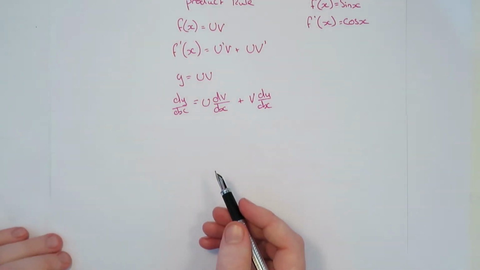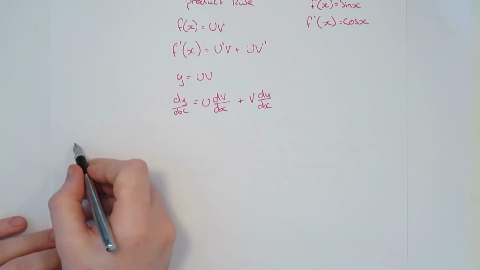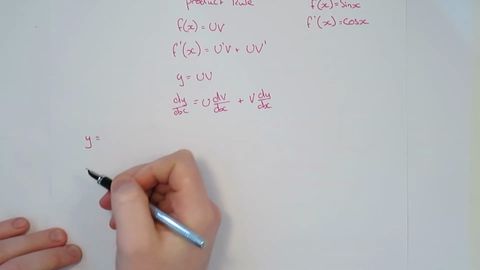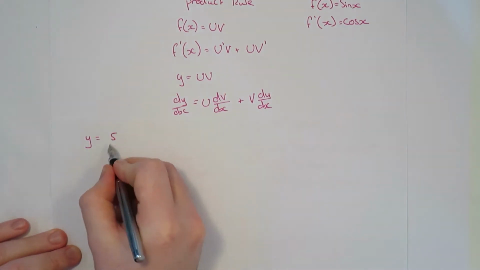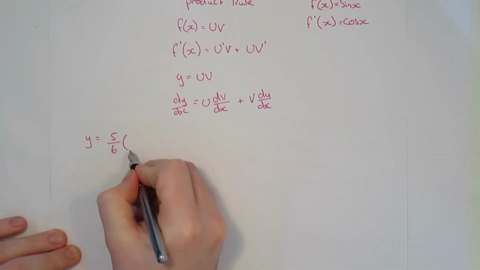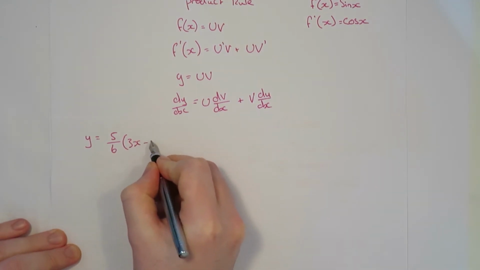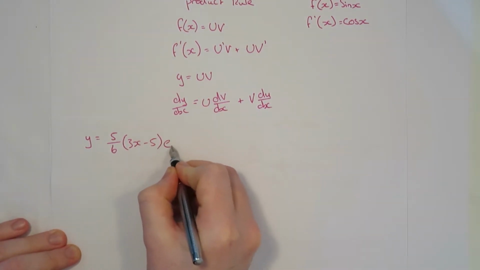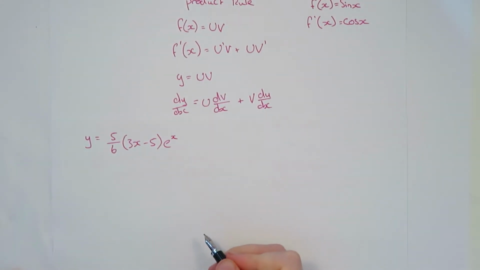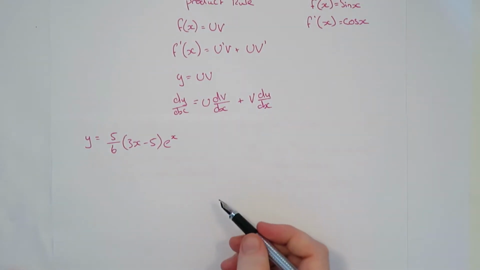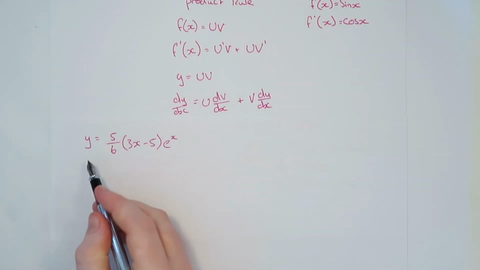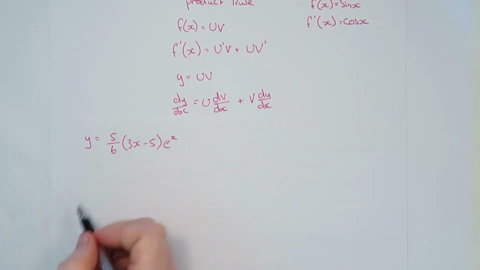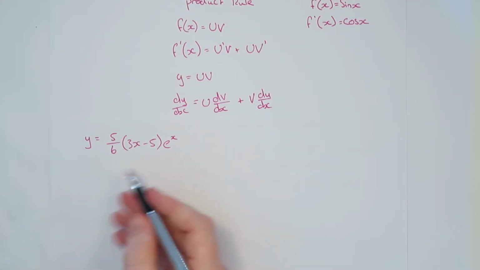Let's try y is equal to 5/6 (3x minus 5) e to the x. Sorry, I've got a bit of a cough at the moment. So let's differentiate this. Well, you need to pick out your u and v.